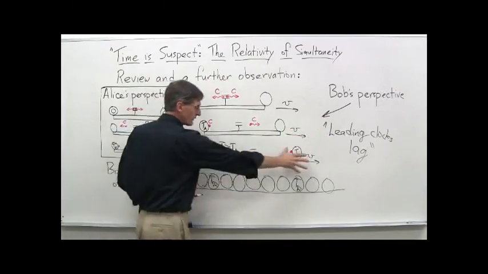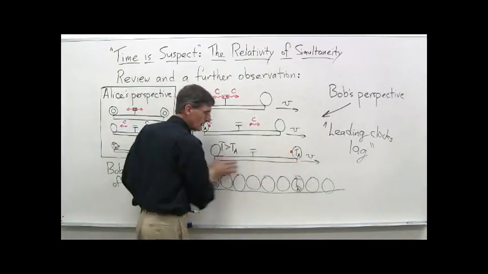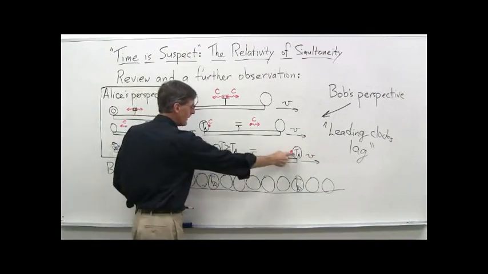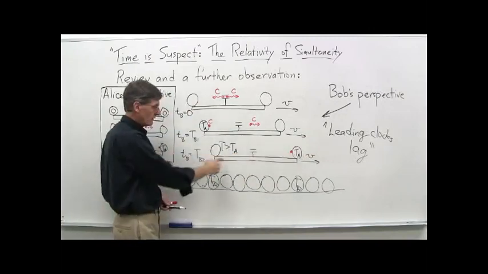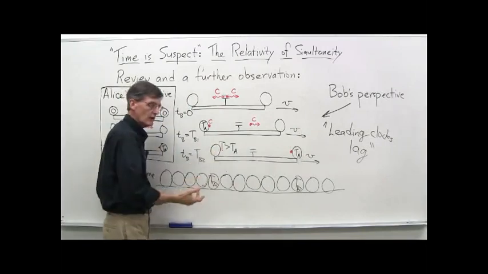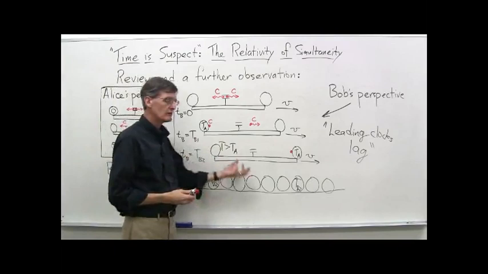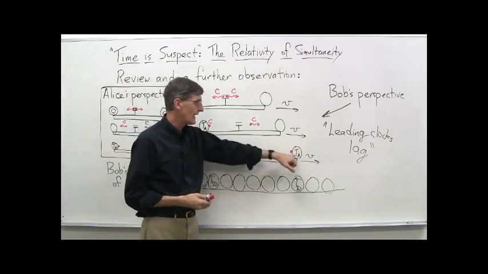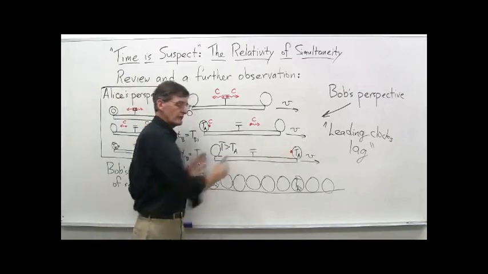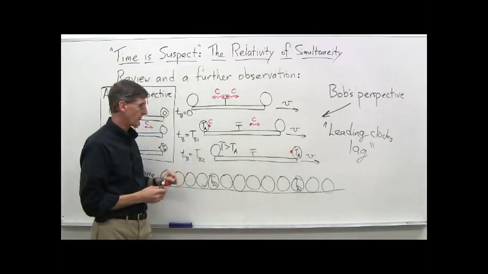Alice's clocks, as far as Bob is concerned, the leading clock on the leading edge as she's moving in that direction, is going to be behind the trailing clock, wherever it might be. And later in the course, we're going to do a calculation to figure out exactly how much this clock lags that clock. It's going to depend on the distance between them.